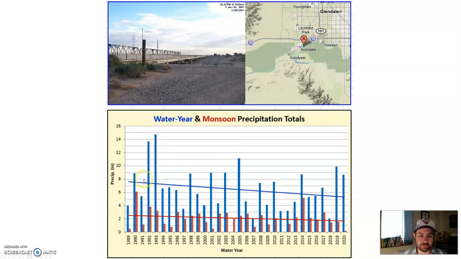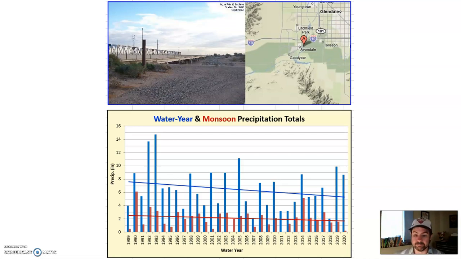So on this graph, the blue is how much precipitation we get in a year. The red is how much precipitation we get from a monsoon. And this goes all the way back from 1989 to 2020. You can see the blue line is getting lower, meaning less and less water on average throughout the year, as well as the red line sloping down, meaning we're getting less moisture during the monsoon.